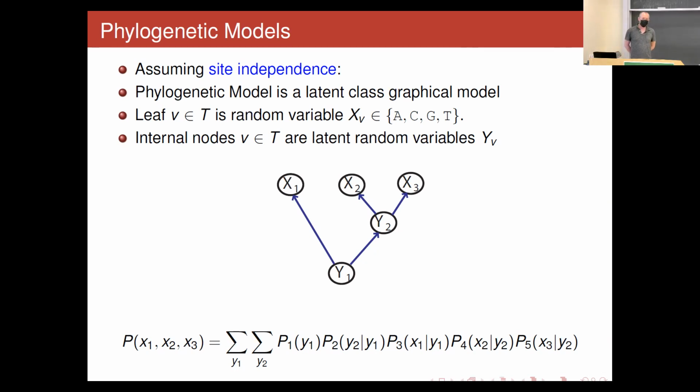You cannot extract the T-Rex DNA from a mosquito in amber. So we only have the DNA for the species that are around today. Those correspond to leaves. So in this model, these internal nodes, which correspond to theorized ancestral species, are going to be hidden variables in the model that we don't get to observe. And the model is just a very simple Markov process model, which I'll explain how it works now.